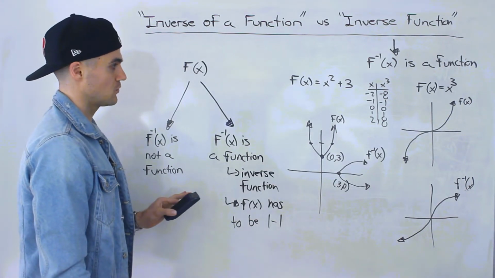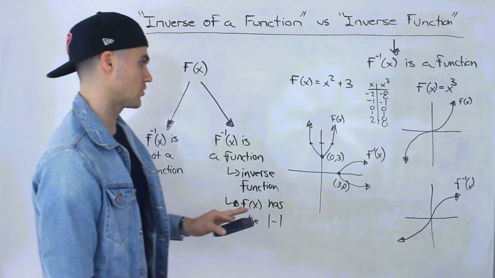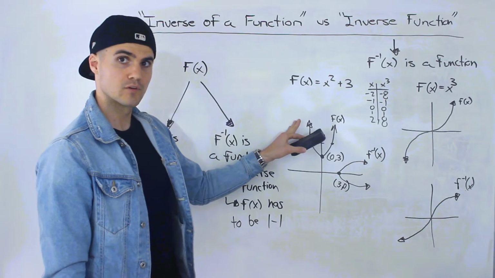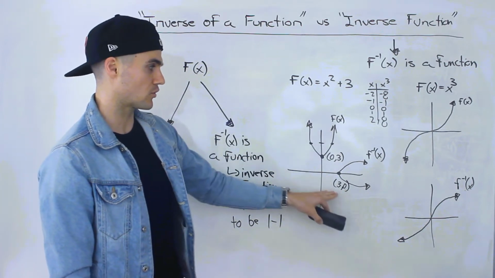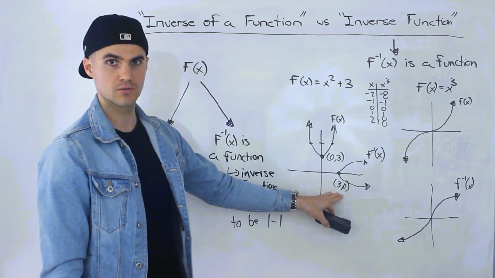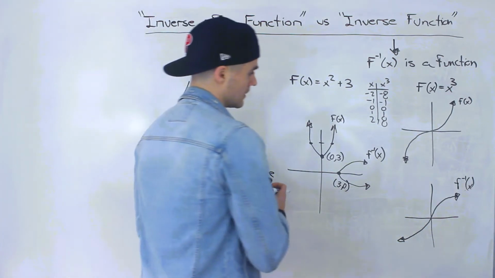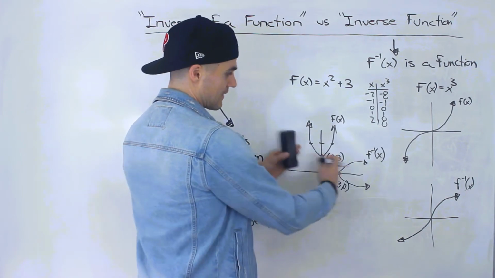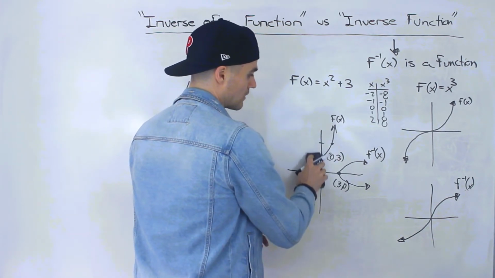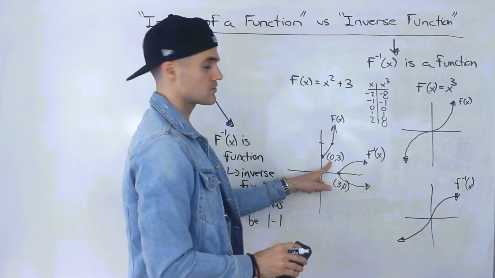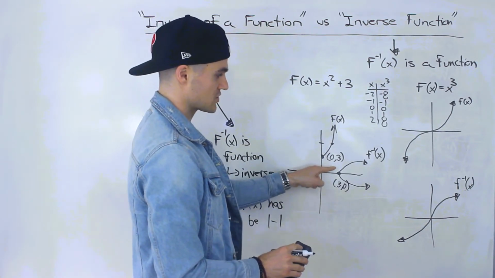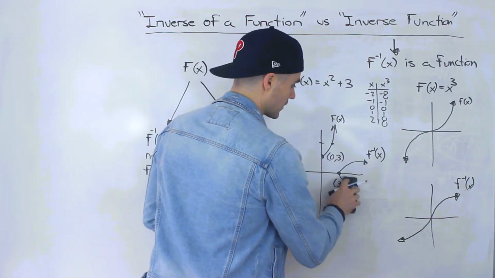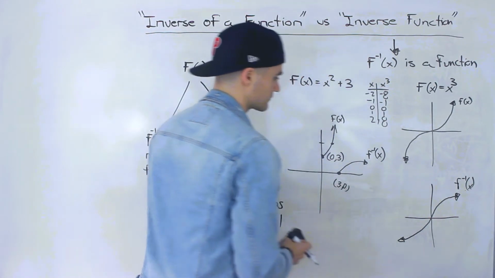One more thing I want to mention: if you remember, we were able to restrict the domain of f of x sometimes in order for the inverse to be a function. We did a couple of videos on that. So let's say we restrict this domain, so that instead of all real numbers, all the x values have to be greater than or equal to 0 for this function, which means all the y values for the inverse have to be greater than or equal to 0, which means we would get rid of this leg over here.